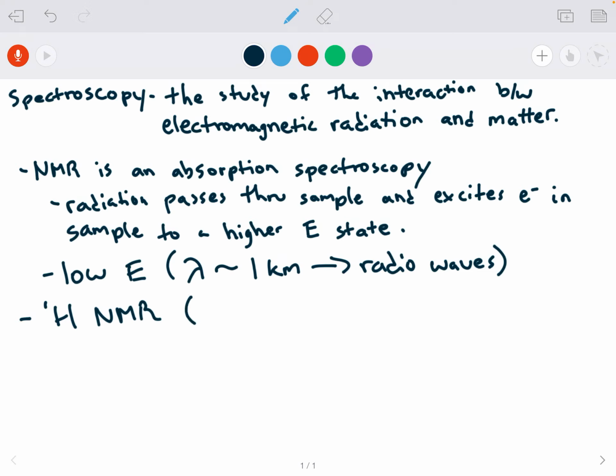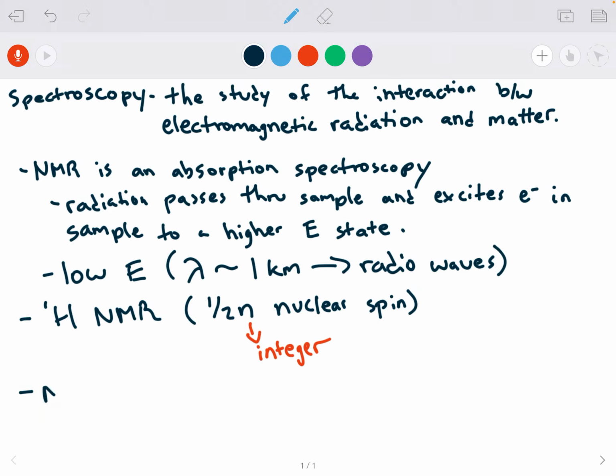And something that hydrogen has is a non-zero spin number, or nuclear spin. The n here is just corresponding to an integer. This could be 3 halves, 1 half, 5 halves, depending on what the integer n is.